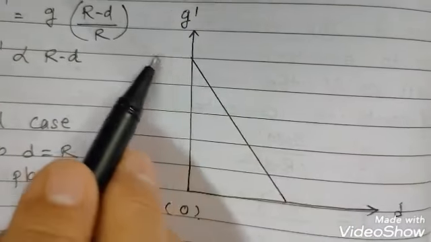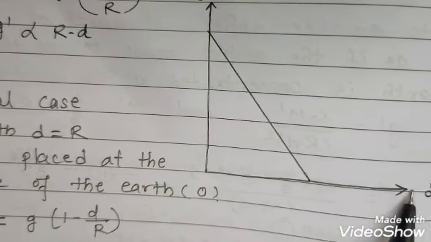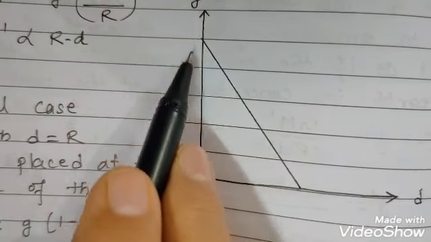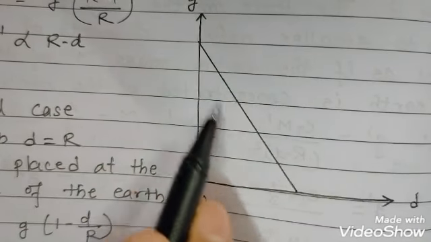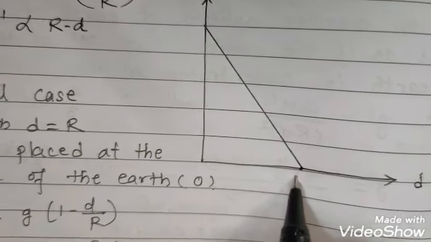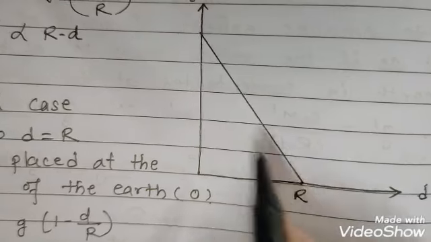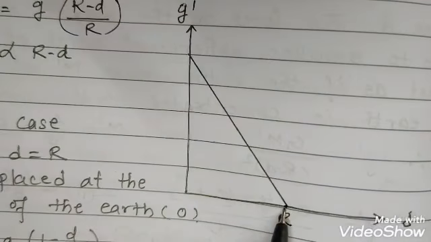This way, as d increases, g dash will decrease, the acceleration due to gravity will decrease, and when d becomes r, in such a situation g dash will be 0.